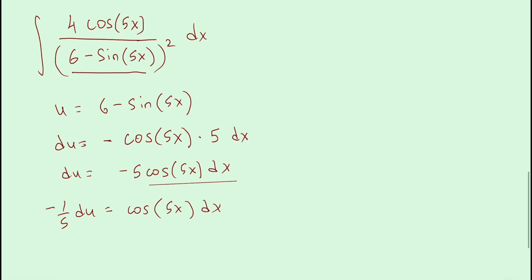Now let's substitute. So this would equal 4 is a constant times the denominator is going to be u squared, 1 over u squared, times, now we're going to be working with cosine of 5x and dx, and that equals negative 1/5 du.